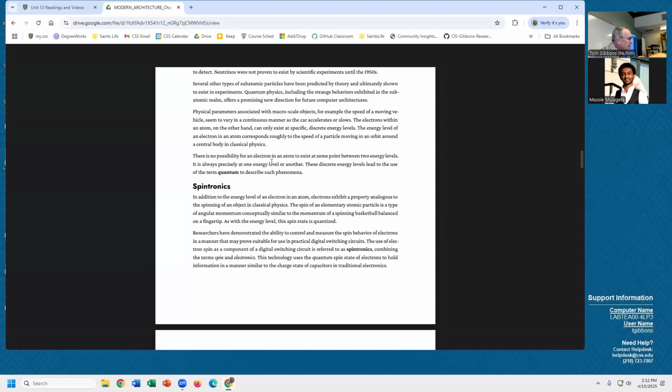So an electron is not a particle circling around an atom. It's a cloud of probability of where the electrical charge is around an atom. And same with everything. An electron is never at one spot. It's always at multiple spots at the same time with different probabilities.